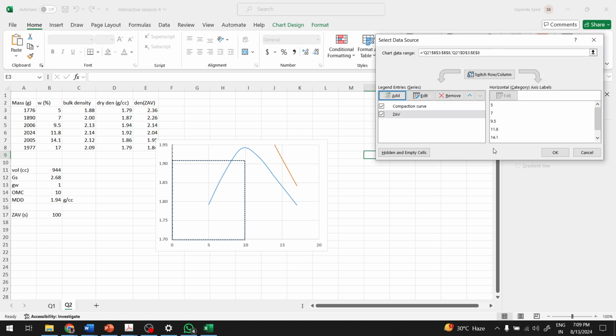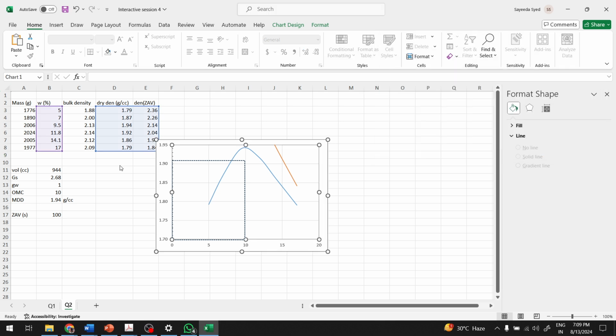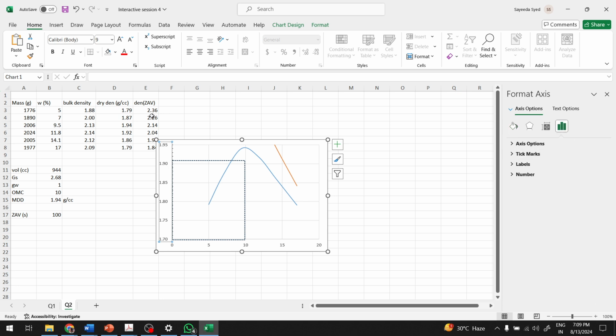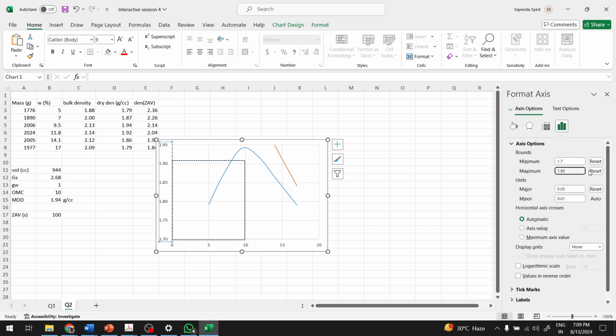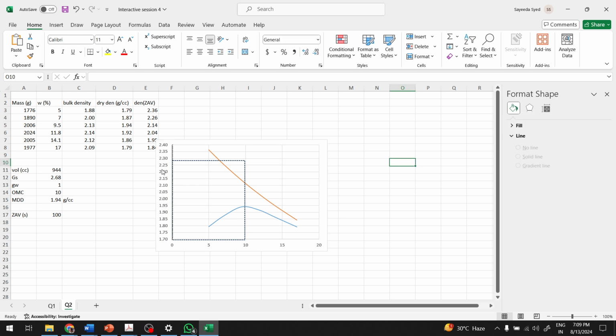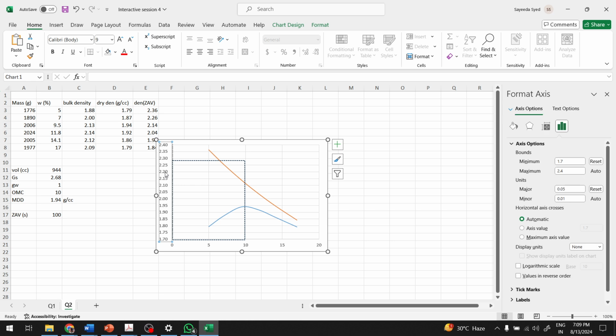Okay, so I need to change the limits here. Okay, so this is the ZAV line. This should be at least 0.1.